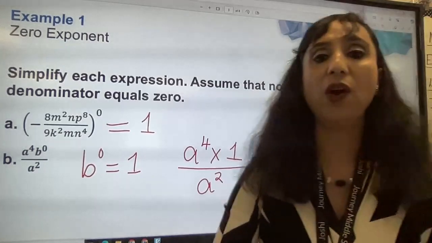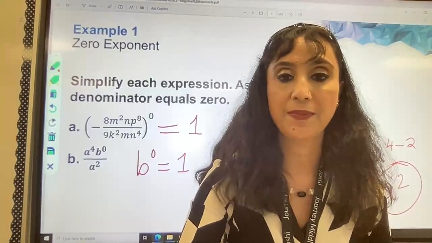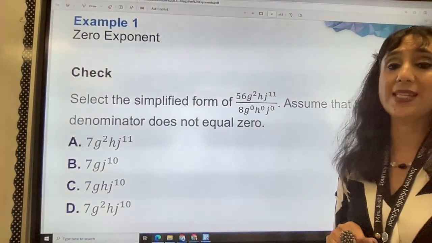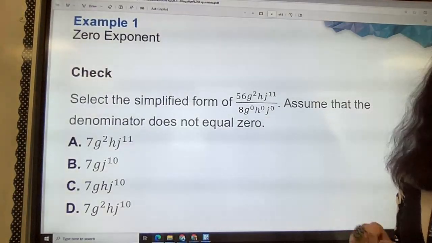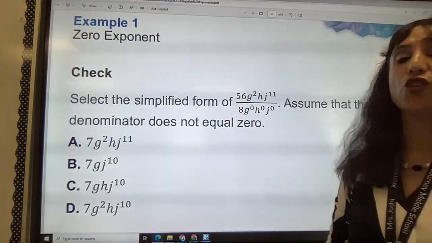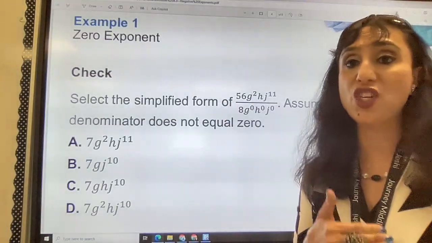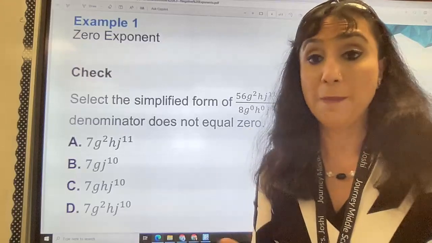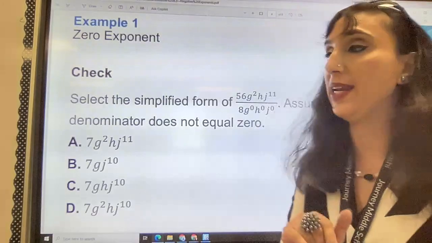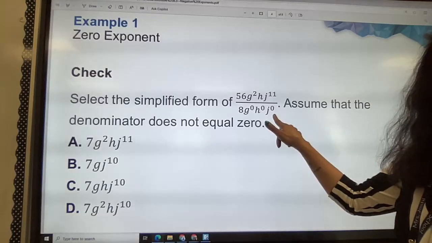So let's go ahead and do another problem like this. It's asking us to select the simplified form of the expression on top. First I need to look at whether there is any base which is raised to the 0 power, because that automatically means those numbers will become 1. I can see them at the bottom.